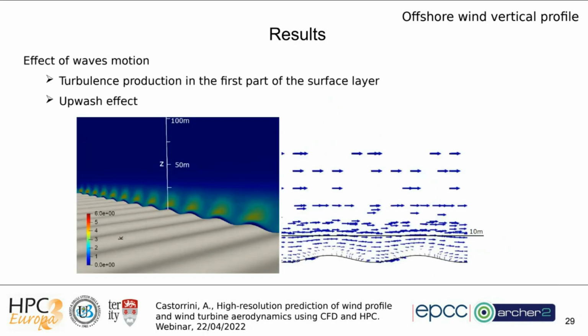More in detail, the effect of the waves can be seen from this picture, and the picture on the left shows the production of turbulent kinetic energy in the first 30 to 50 meters above the sea level. And this turbulence production is due to the upwash that you can see in the picture on the right, which shows the vectors of the wind velocity, and the velocity of the waves induces an upwash effect on the first layers.